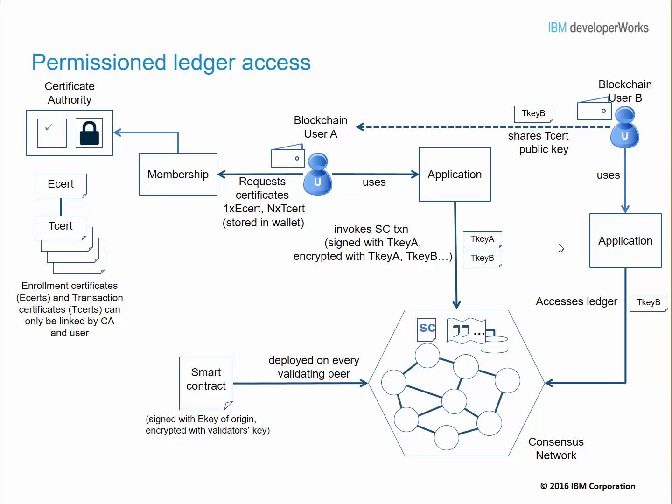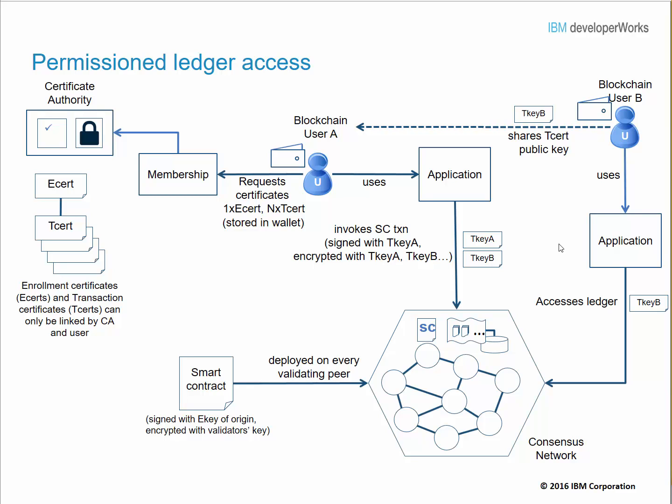So, for example, in our scenario, blockchain user A will have their own e-cert and blockchain user B will have their own e-cert. But there's also another kind of certificate that's managed by the certificate authority, and those are called T-certs or transaction certificates.